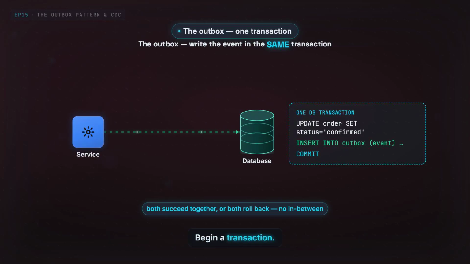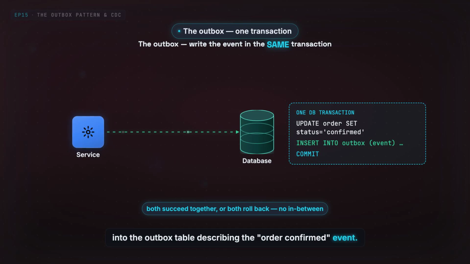Begin a transaction, update the order status to confirmed, and, in the same transaction, insert a row into the Outbox table describing the order confirmed event. Commit. Now, and this is the whole point, either both of those succeed together or both roll back together. There's no in between. Your database and your intent to publish are now perfectly consistent because they're the same atomic write.